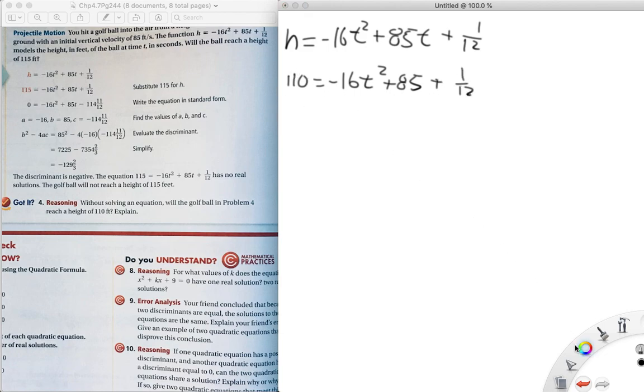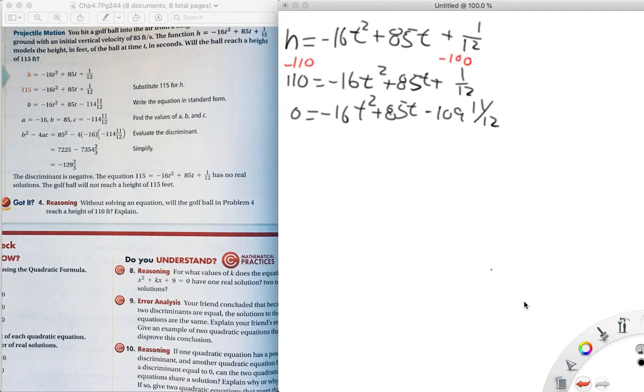I'm going to subtract 110 from both sides because we want that to be 0. So that's going to be 0 is equal to negative 16t squared plus 85t minus 109 and 11/12. I'll leave it like that.